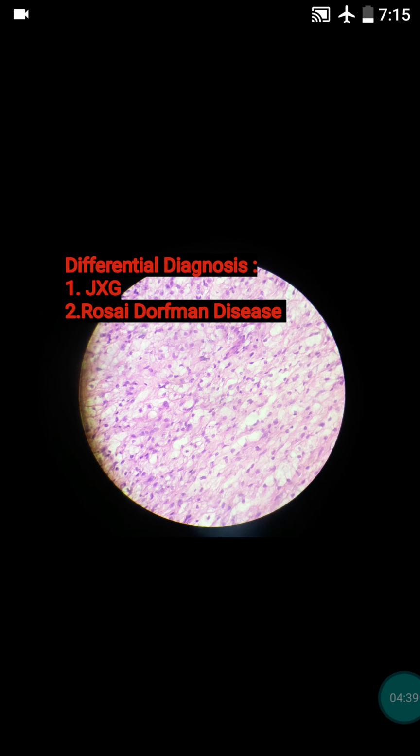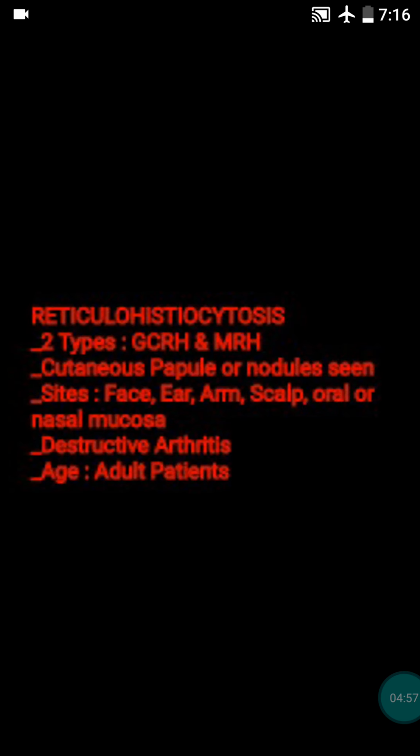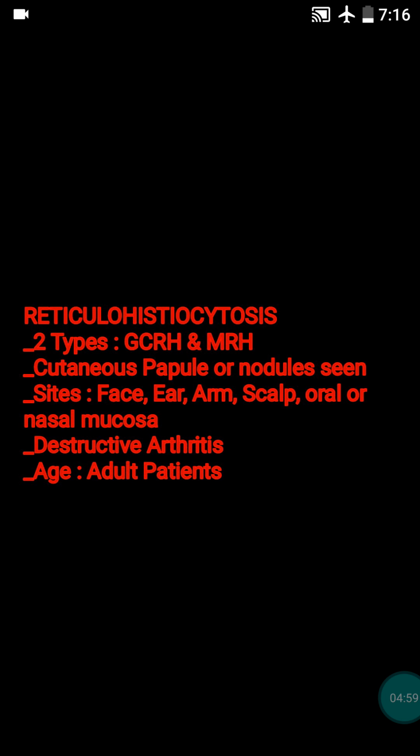There is usually involvement of multiple lymph nodes as well. Sometimes adenopathy can be seen, and the histiocytes are very pleomorphic in Rosai-Dorfman disease. So these two diseases can be easily differentiated from reticulohistiocytosis. That was regarding the diagnosis of reticulohistiocytosis. The patients are usually adults.